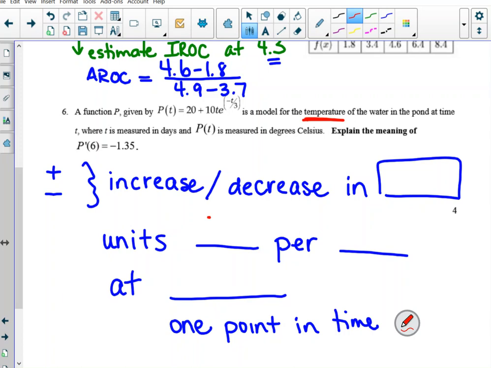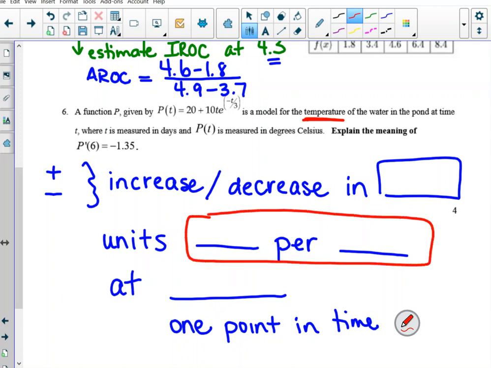In, how would you describe the units? We've got the degrees Celsius, degrees Celsius per day. Yep.